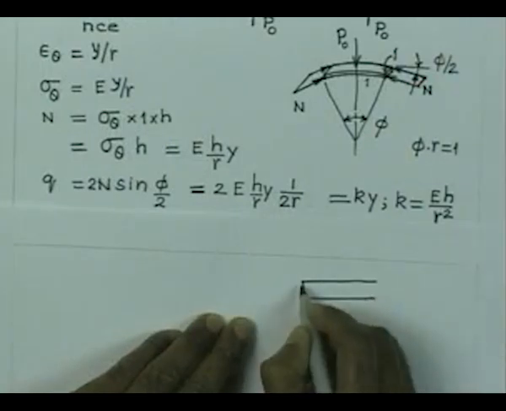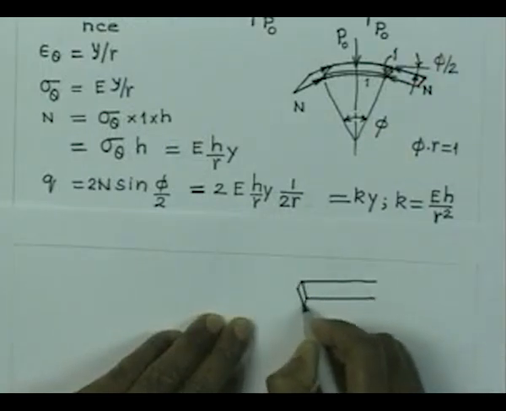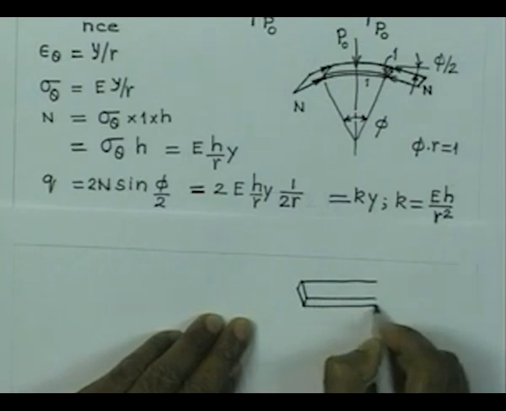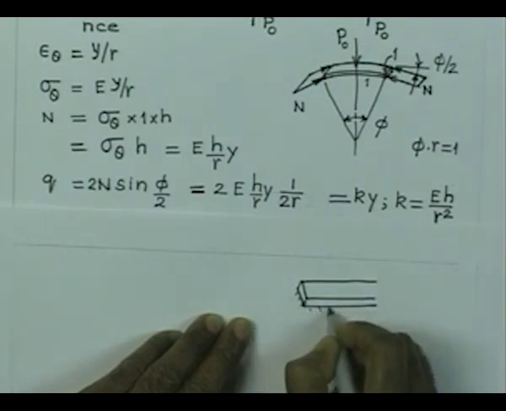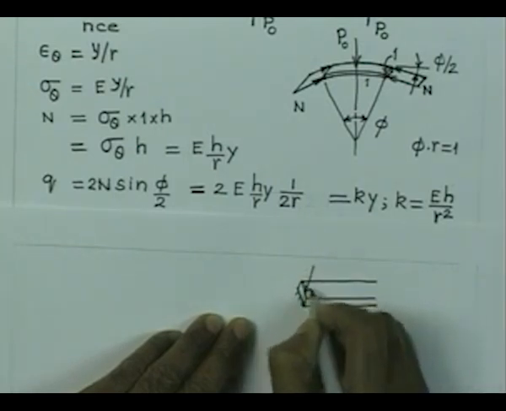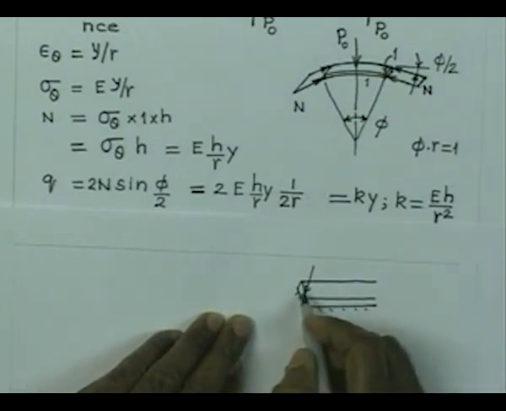Now, we have something different. We have taken the case of a beam. Now, we are trying to think of a case where the wall is continuous all along the circumference. So, there is a difference. If you see the case of a beam, it is a beam on an elastic foundation, and if you press it like this, it is going to have curvature like this.